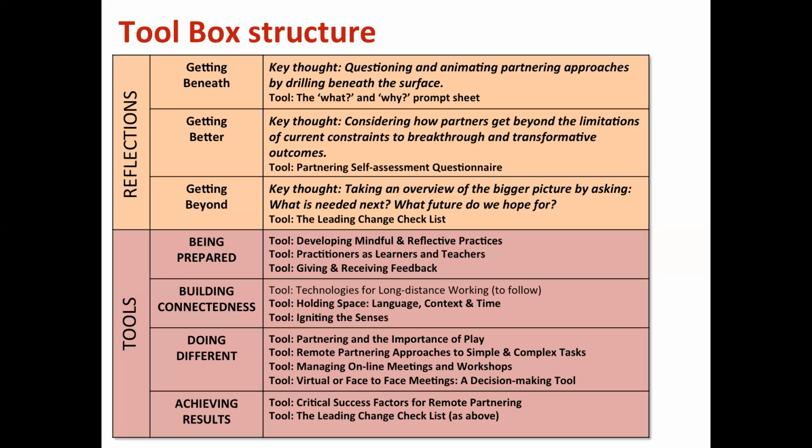That could be us as the intermediaries, or it could be our partners, and whether this internal question about what could we do differently, how could we strengthen our capacity to partner better, etc. And then getting beyond, somehow, what is the bigger picture, what are we hoping for, and can this partnership get us to a much bigger ambition with many more outputs, many more value adds, so that it's not just delivering projects, it's also influencing policy, or it's also changing institutional systems or whatever. So can we see ourselves as helping to lead change? And so it's called the Lead and Change Checklist. Then the tools, so those are all more reflective.